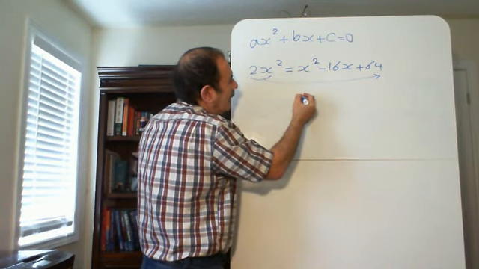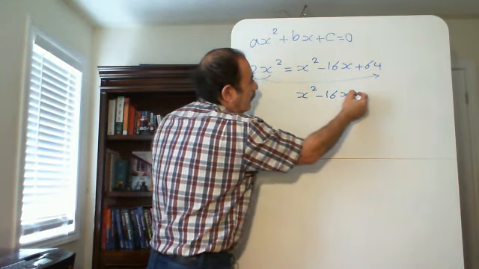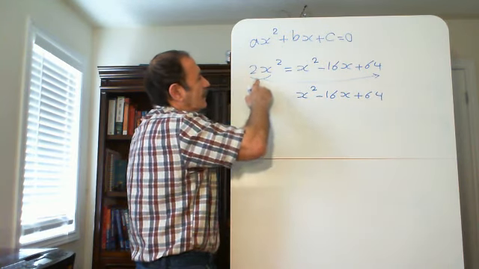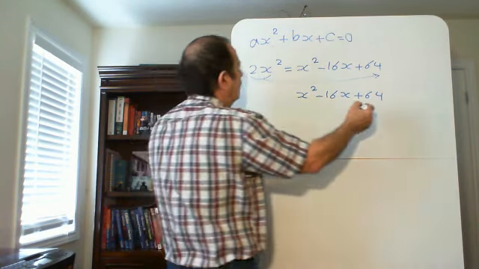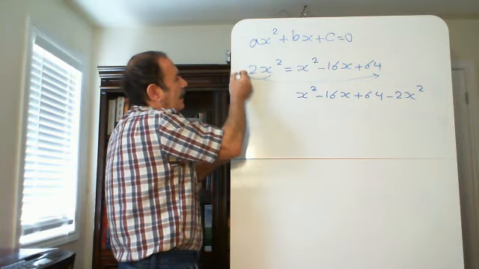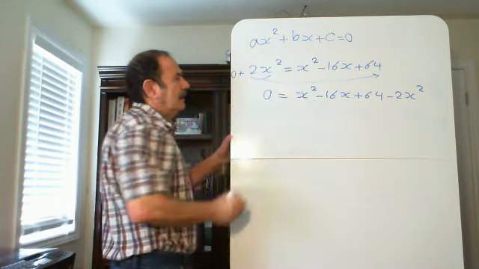So this one is going to be x squared minus 16x plus 64, and if I move this one to the other side, minus 2x squared. Moving to the other side makes it negative. This side remains 0, right?